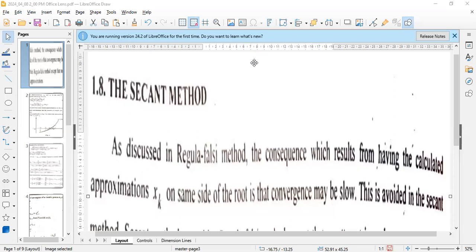After these methods, our first chapter will be finished and the methods will be finished.